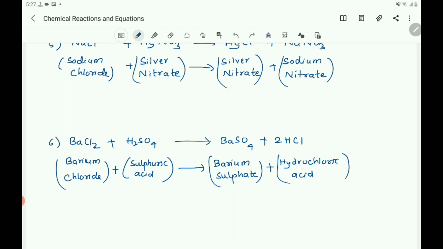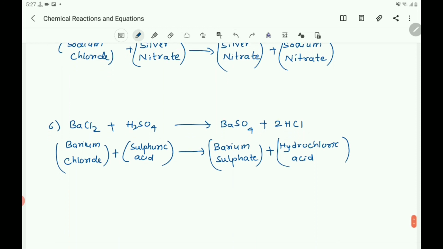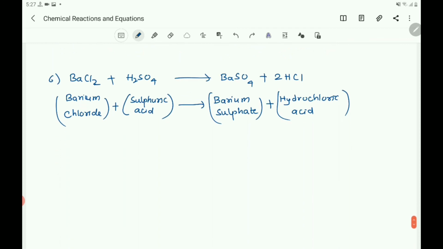So the new substances are barium sulfate, BaSO4, and HCl. You will get 2HCl, H2Cl2, that is 2HCl you got. It is also double displacement.